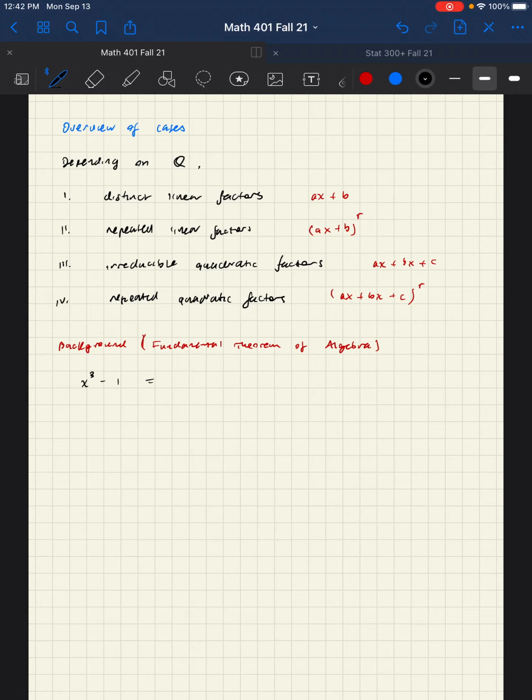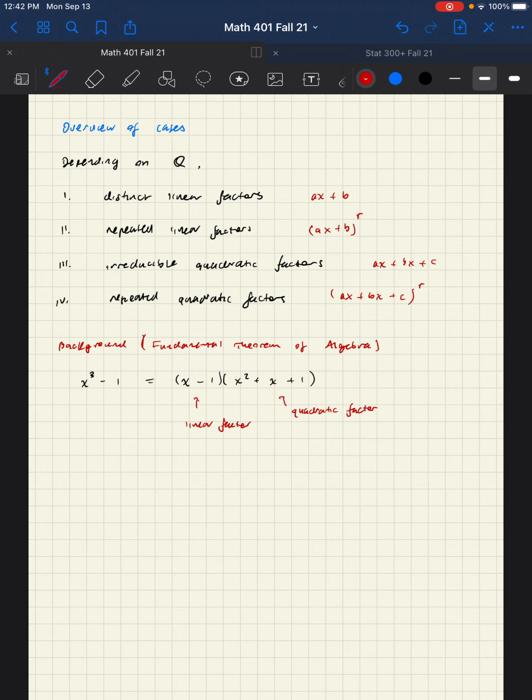There's some nuance here that I'm purposefully avoiding, but moving forward, you know that, for instance, a difference of cubes can be broken down into the factorization x minus 1 times x squared plus x plus 1. So this would be a linear factor, and this is an irreducible quadratic factor.